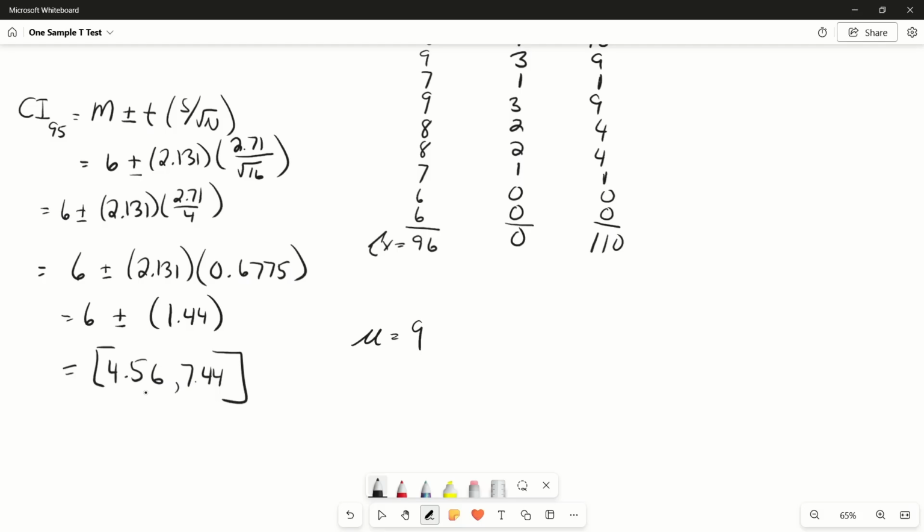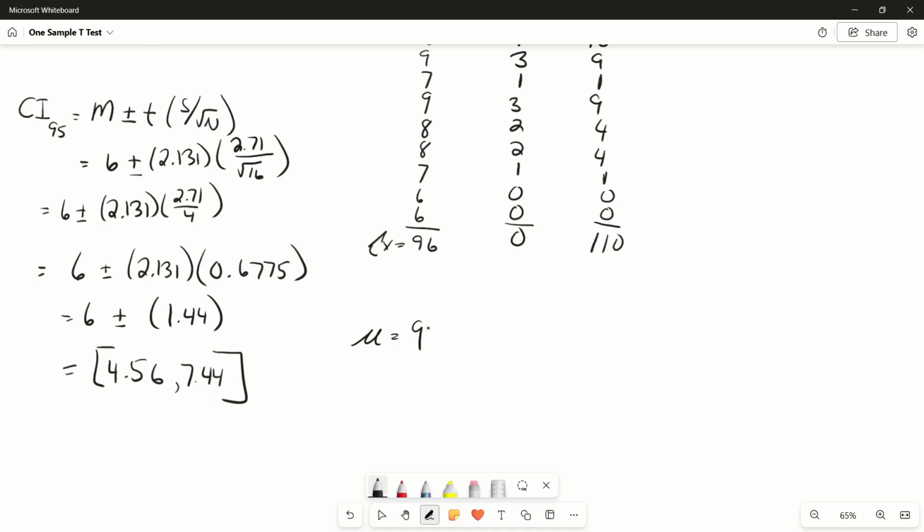This sample is not from this population. I'm 95% sure. So I would say reject the null, that the sample is significantly different from a population with a mean of 9.